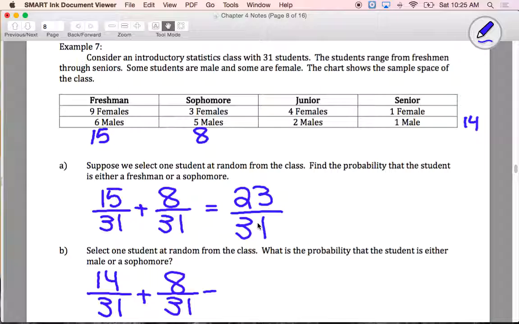Now you're not subtracting 10, you're subtracting 5. Because we want to get rid of one of those 2 sets of 5, because 5 is included in the 14 males and that 5 is included in the 8 sophomores. So we want to subtract 5 out of 31. When I subtract those 2 then, we should have 17 out of 31.